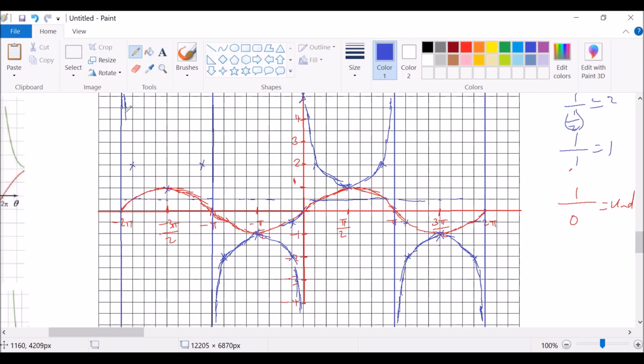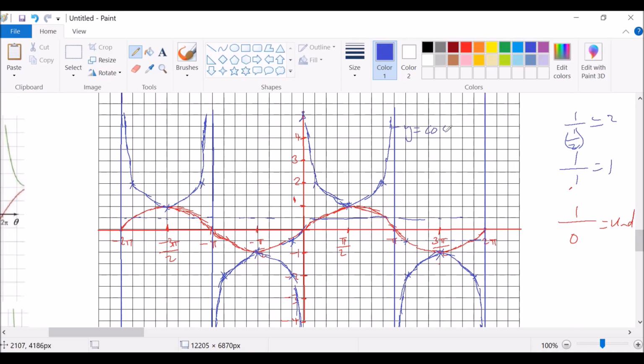So our graph would come down there, turn at 1, and then go back to the asymptotes. So all this, the graph in blue, will be our y is equal to cosec theta. Similar to the sec theta, only a bit of a shift.